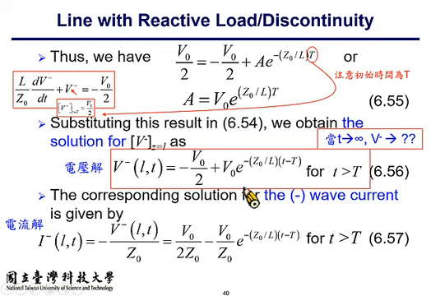The V plus signal is V sub 0 over 2. Using this equation with sufficiently long lowercase t, V minus approaches minus V sub 0 over 2. So what is the ratio of V minus over V plus? It equals minus 1.